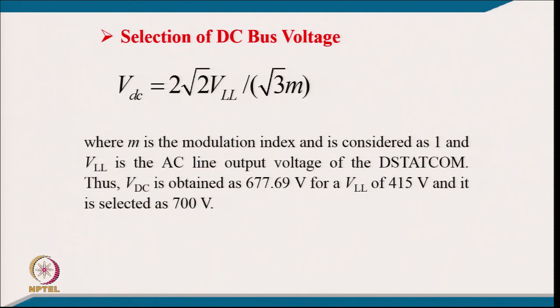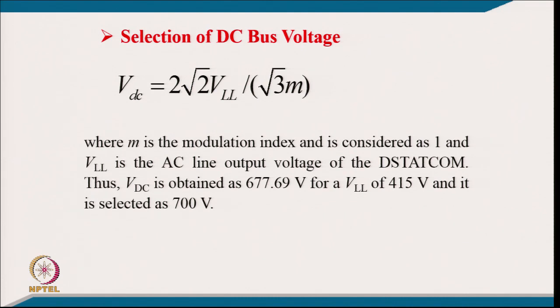If you put VLL as 415, it comes to around 677.99. As we have taken modulation index 1, it can be rounded off a little higher to a standard voltage of 700. So, that is about the selection of the DC link voltage. It should be greater than the peak of 415, which is around 586.